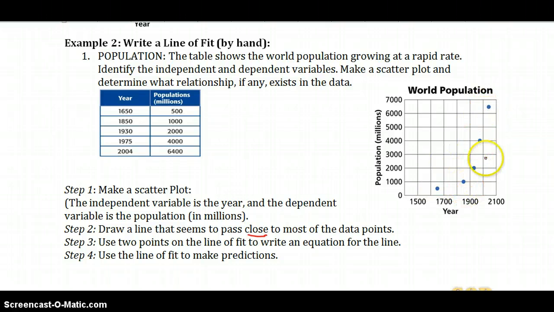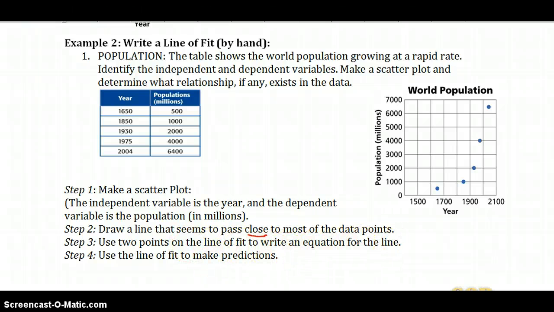The other 3 are joined closely here. So I'm going to pick these 2 points because I will hit those 2 points. I'll be very close to this third point, and that seems to be a nice line of fit to represent our data. So use 2 points on the line of fit then to write the equation of a line.